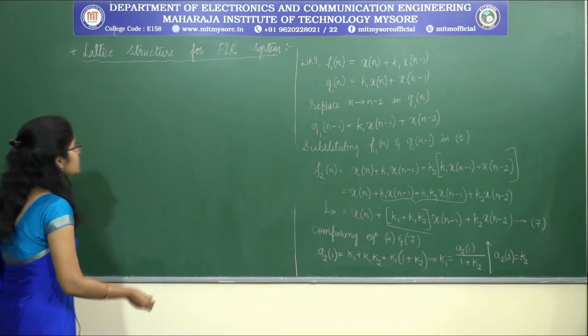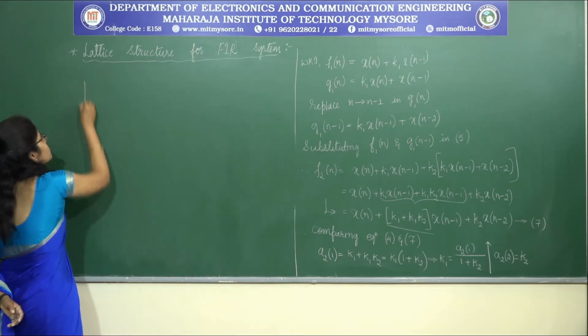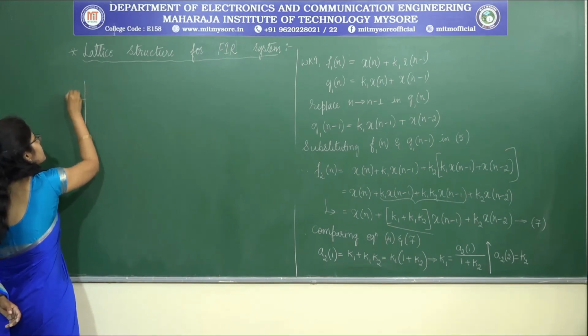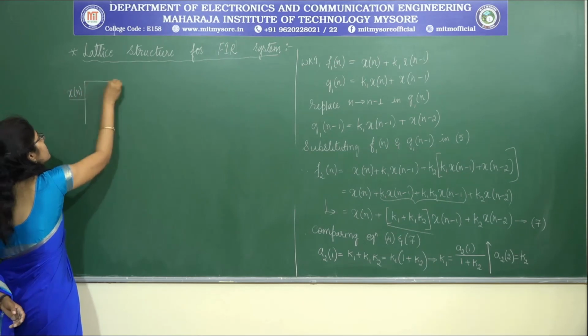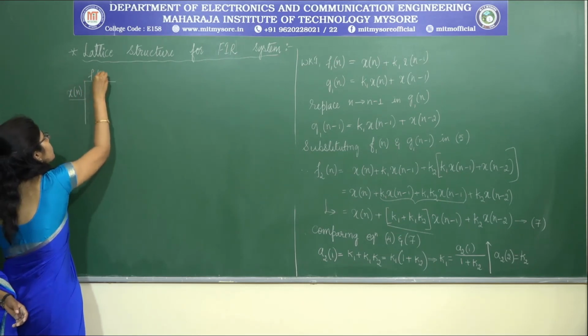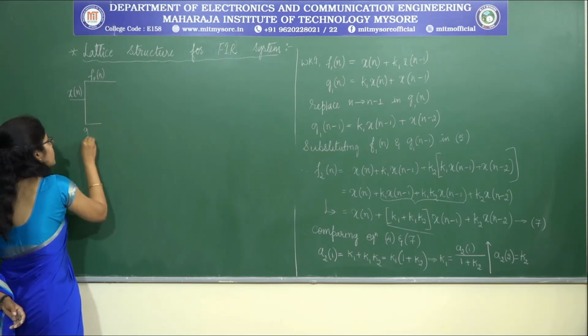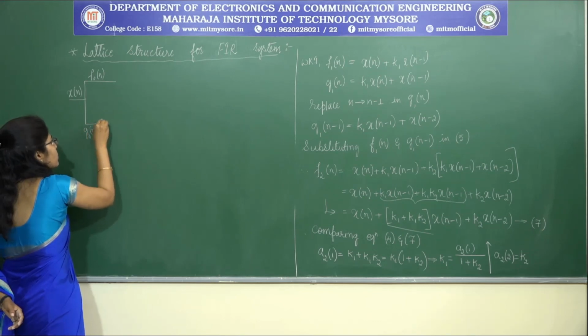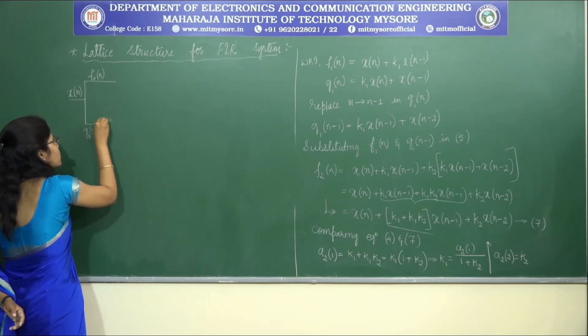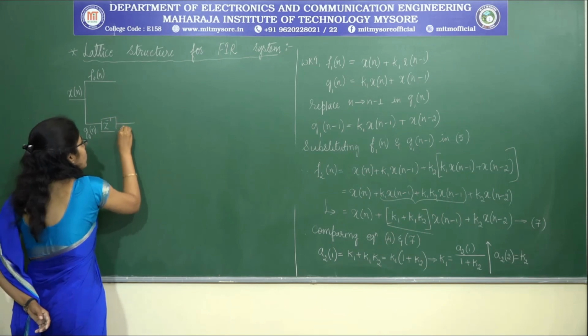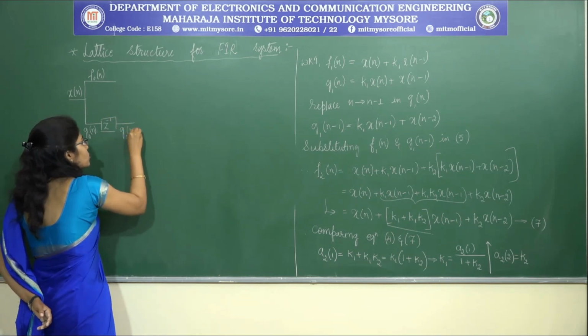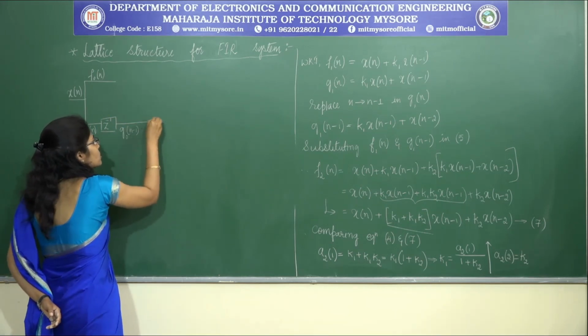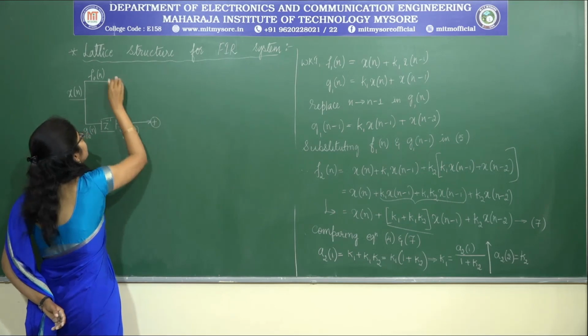If I draw the structure for second order, the first part remains as it is, x of n. Here it is f naught of n. Here it will be g naught of n according to our assumption. So we delay it once, then we go for g naught of n minus 1. Here we will have an adder.